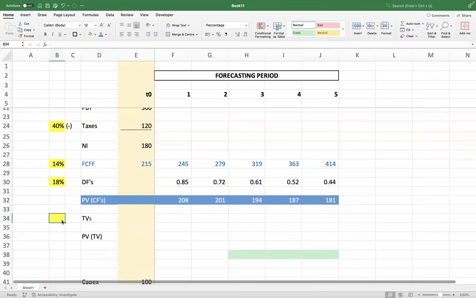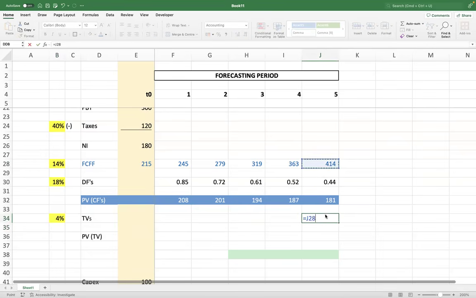What is your terminal growth rate? 4%. So free cash flow of the 5th year into 1 plus terminal growth, that is FCFF6, divided by WACC minus the terminal growth, which is 3075 rather.